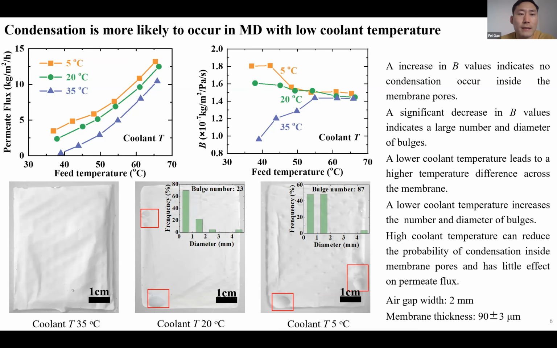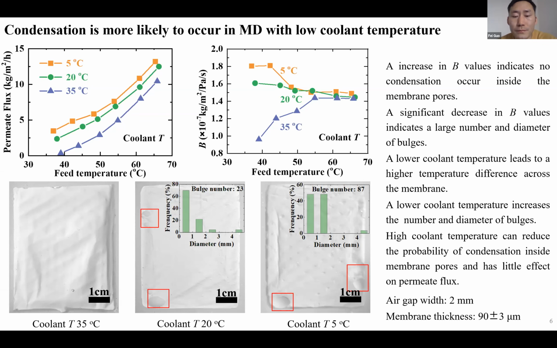Another piece of work we did is for different coolant temperatures. Condensation is more likely to occur in MD with a low coolant temperature. With the temperature kept at 35 centigrade, the membrane surface stays flat with no bulges, and the B values keep increasing, which indicates no condensation inside the membrane pores.